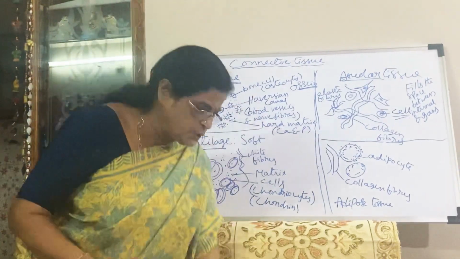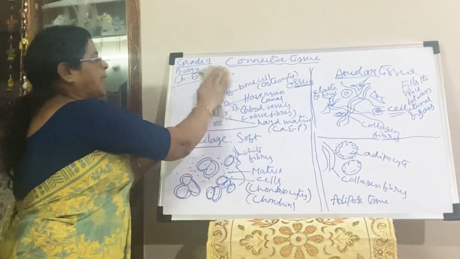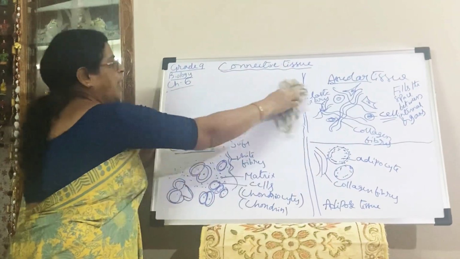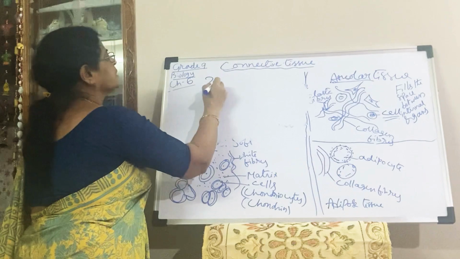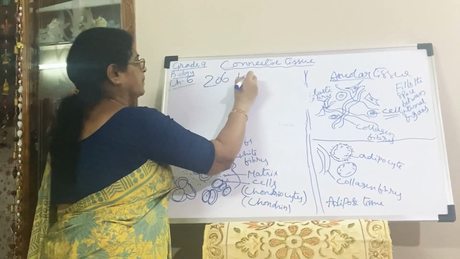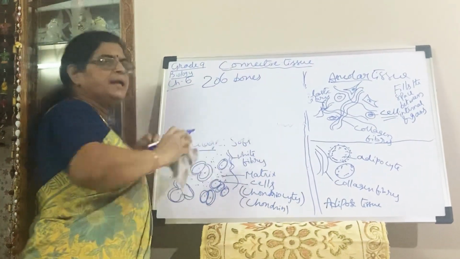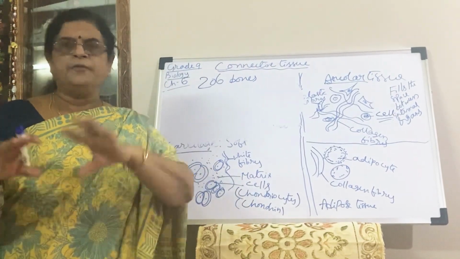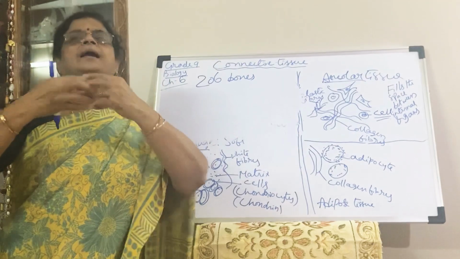Now next one you see. How many bones are there in the human body? There are 206 bones in the body. All these bones are not spread inside the body separately. They are internally connected.